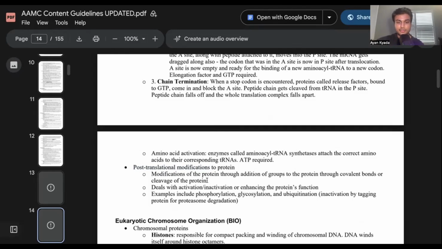You're going to alter a lot of it, which can result in activating or inactivating a protein or enhancing its function. So these post-translational modifications, they function to essentially further modify the protein that you get from the ribosomes. So just because the protein is done with the ribosomes doesn't mean it's fully active or in its complete form.